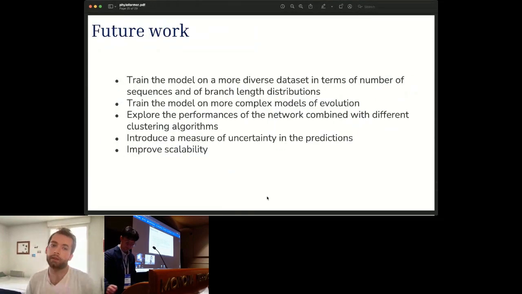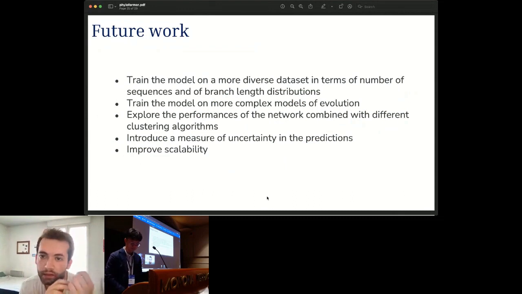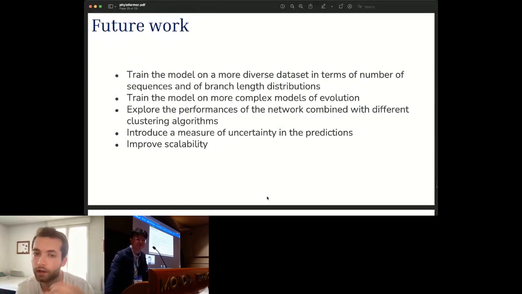Future work will include training the model on a more diverse dataset in terms of number of sequences and of branch length distributions, and training the model on more complex models of evolution, which could result in a greater foothold against the maximum likelihood method, as maximum likelihood makes a lot of simplifying assumptions, such as the independence between sites, to perform the likelihood computations, so that the full likelihood can be written as the product of the single likelihoods for each site.